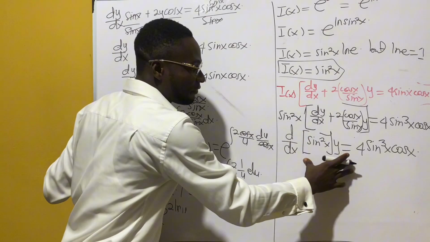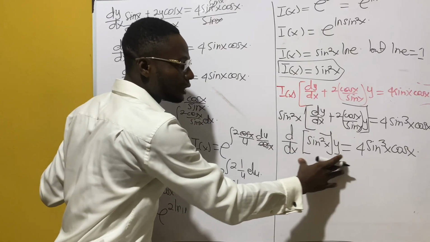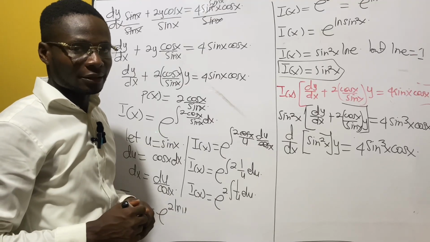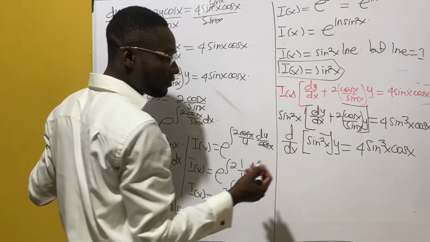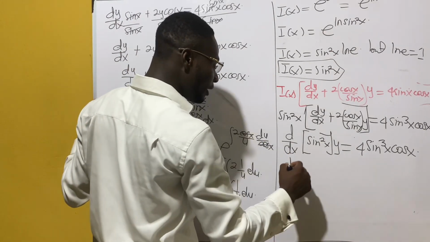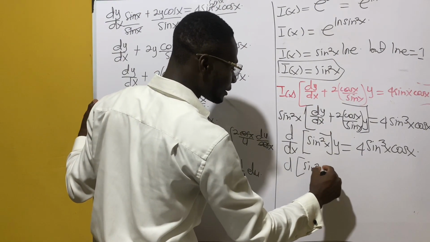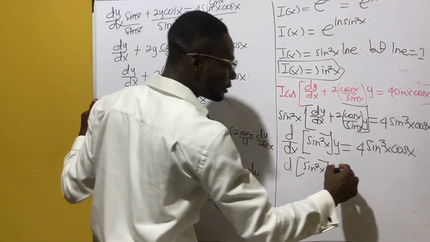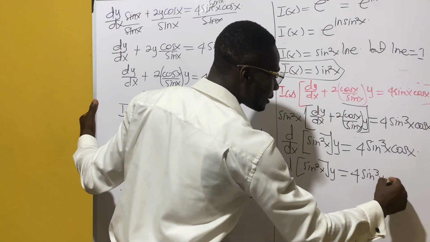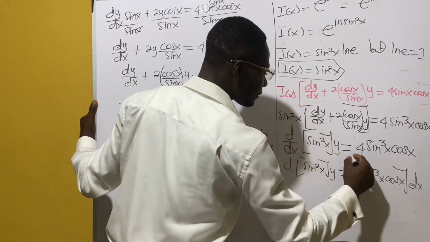So the simplified form for this left-hand side is this. Once we have this, we can go ahead and integrate both sides. Before we can integrate both sides, we have to send the dx to this side. So we have d of sine squared x multiplied by y should be equal to 4 sine cubed x cos x multiplied by dx, right?